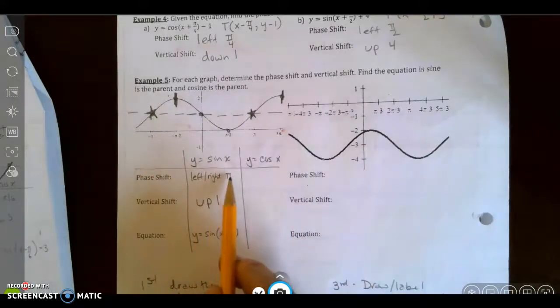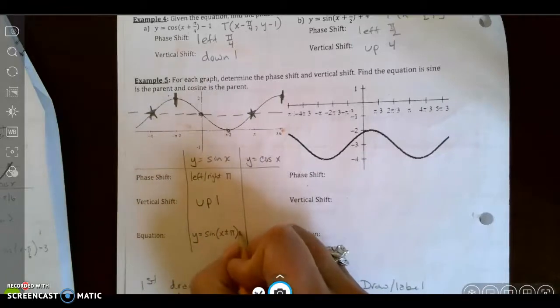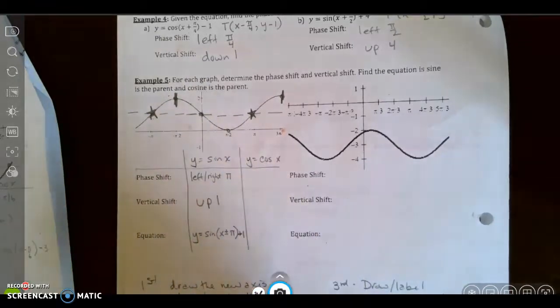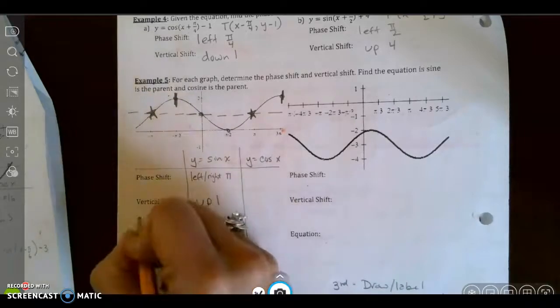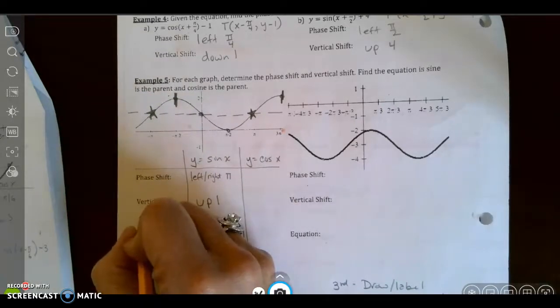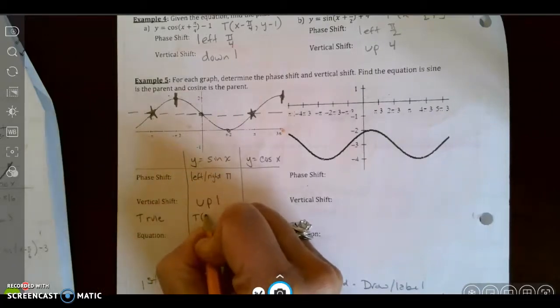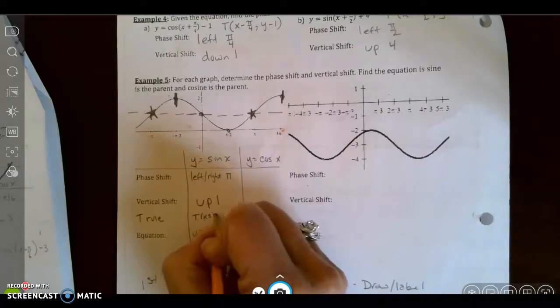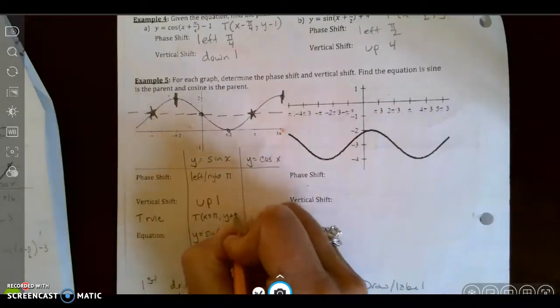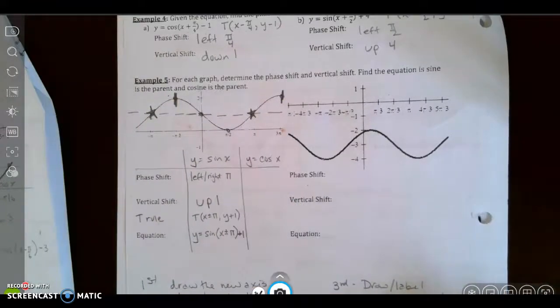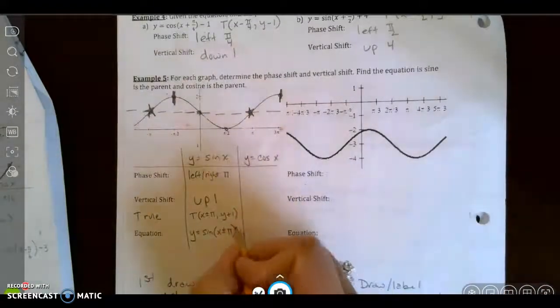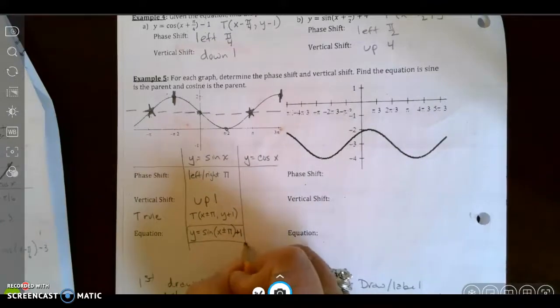So even when it lies, it's right or it's minus, it becomes plus or minus, and then plus 1. If you want, you can add in the translation rule, which would be x plus or minus pi, y plus 1. That might be helpful to you. So there's my equation for sine.